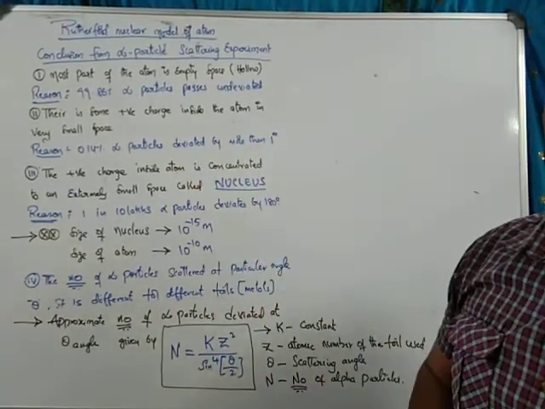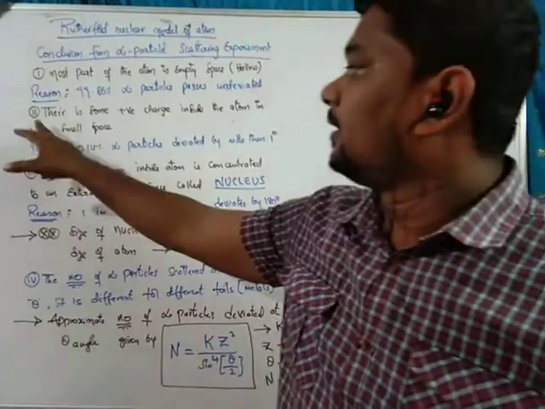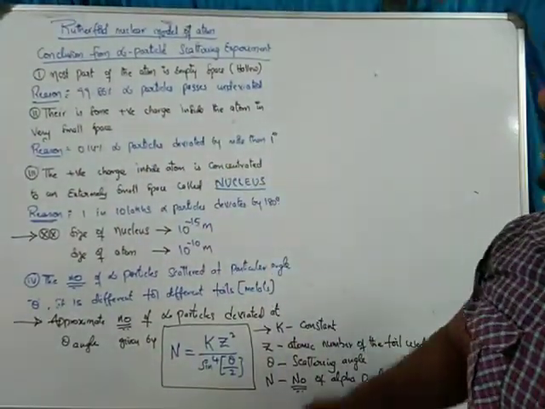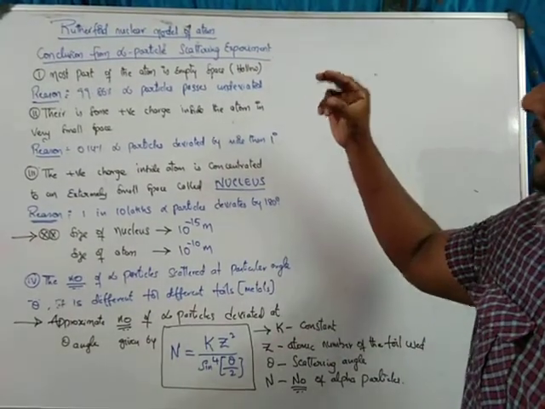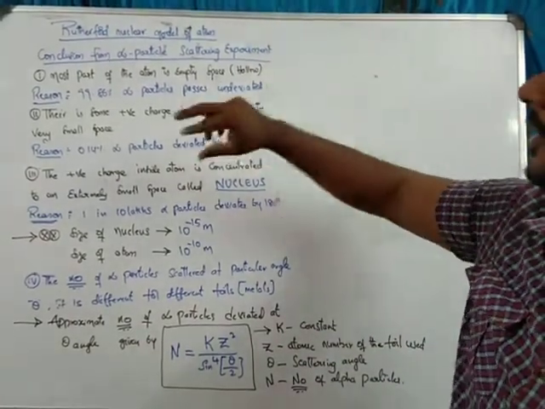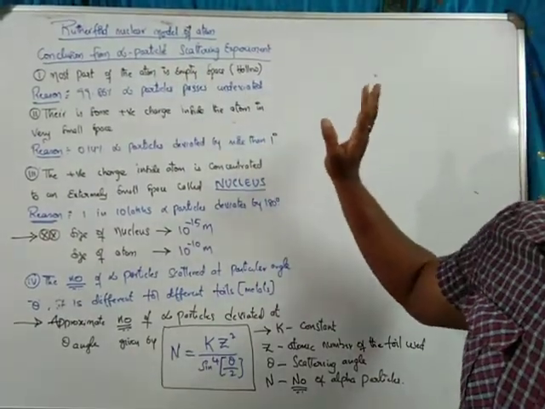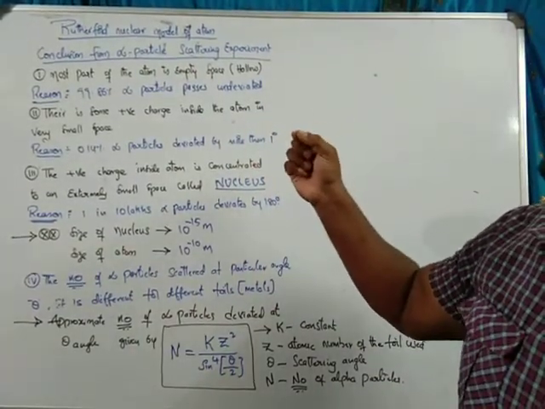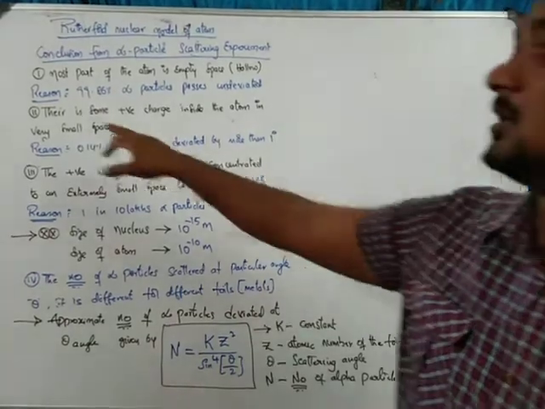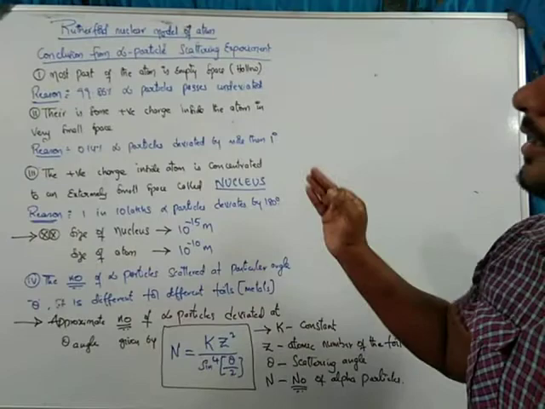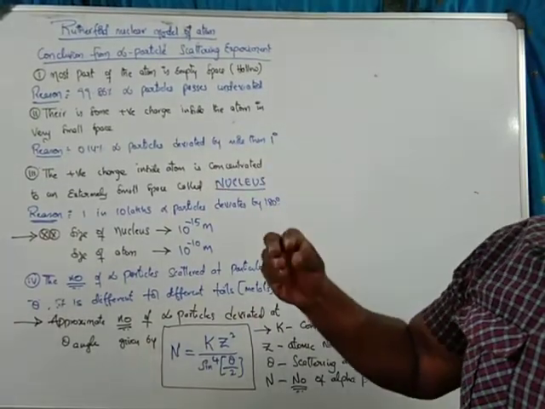And second, there is some positive charge inside the atom. We have stated some part of the atom is empty space, but there are some positive charges inside the atom in a very small space.